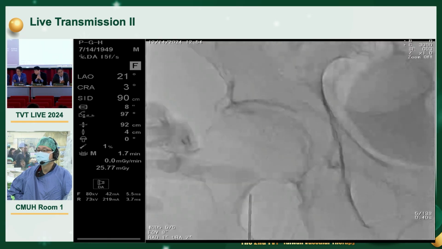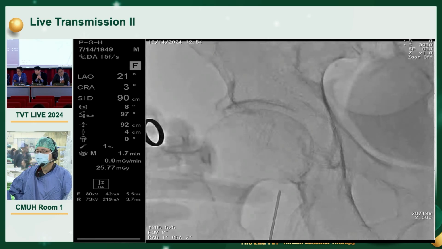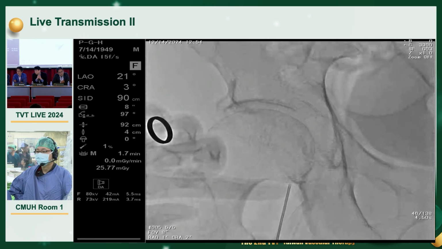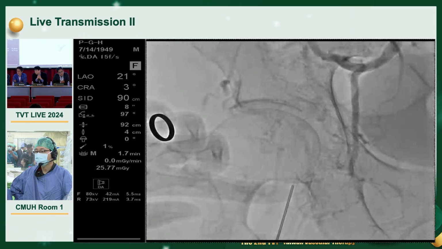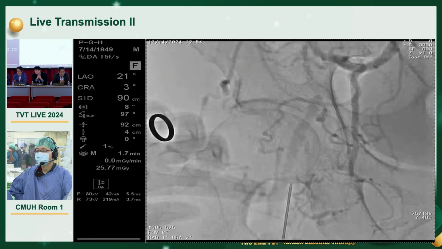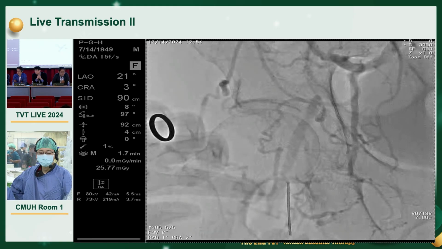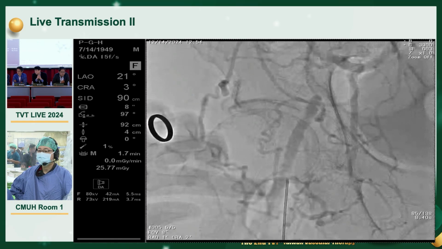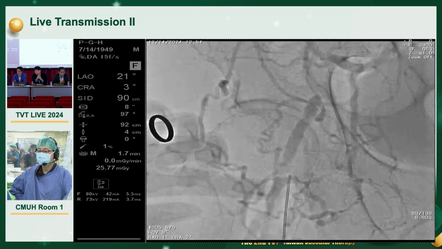My assistant, Dr. Lee, injected contrast from the left contralateral sheath, and I punctured under the fluoroscopy guidance.